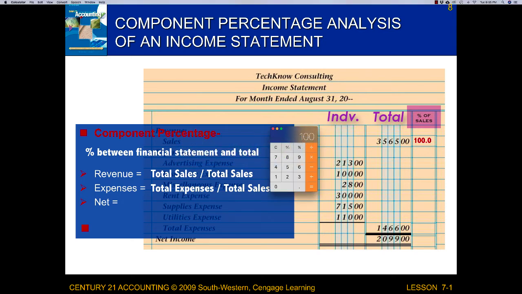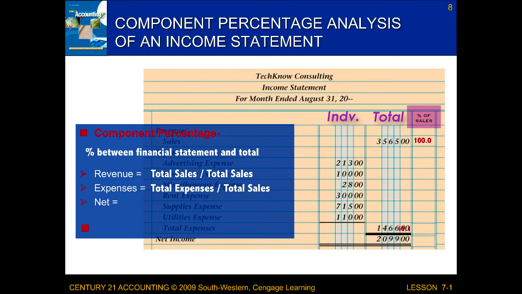So what I would do mathematically here is take my total expenses, 1,466, divide it by my total sales, 3,565, and I get 0.41122, and so on. I have to change this into a percentage. So multiply it by 100, and I get 41.1. I'm always going to round to the nearest 100th. So if I go back over here, I'm going to write in 41.1 next to my total expenses.